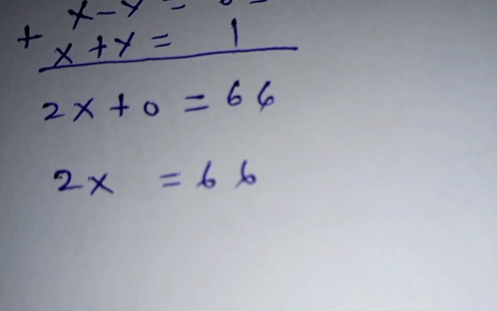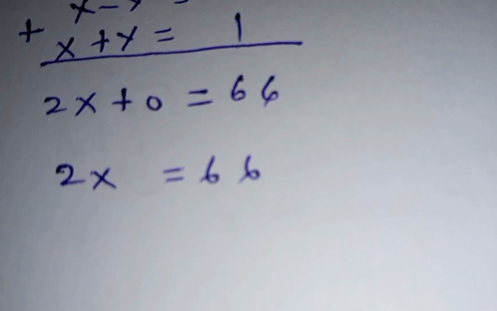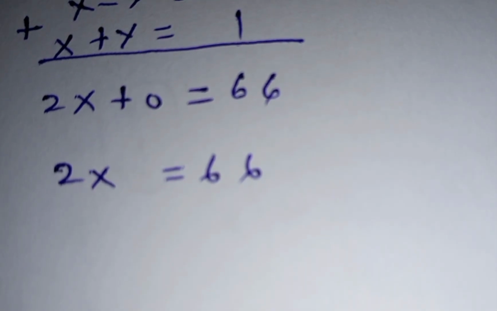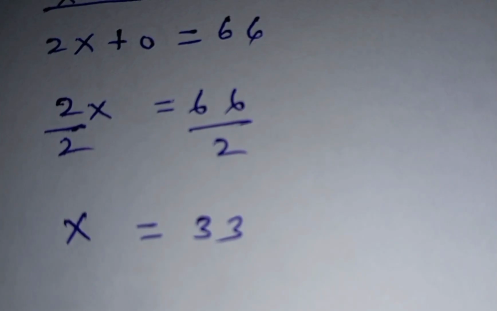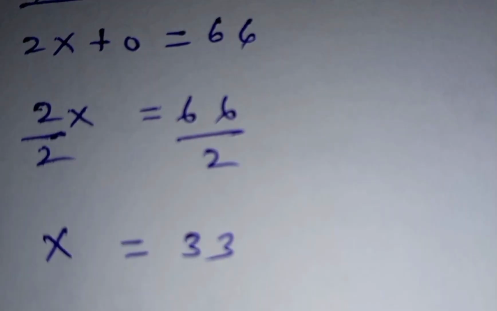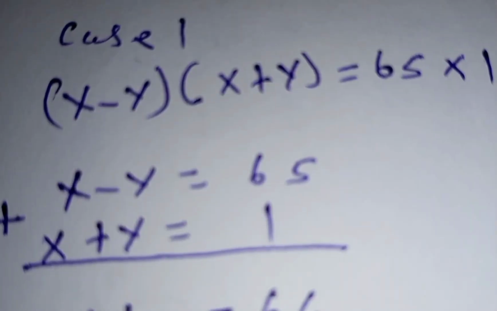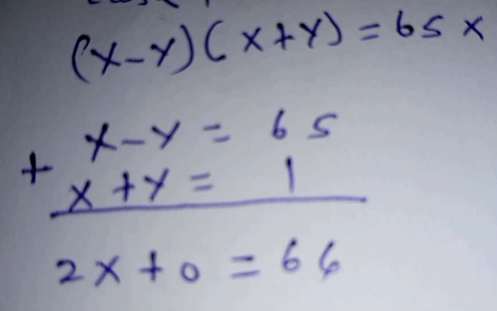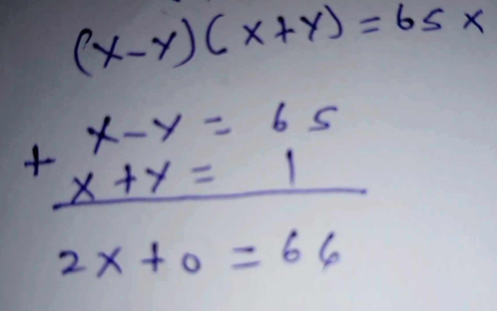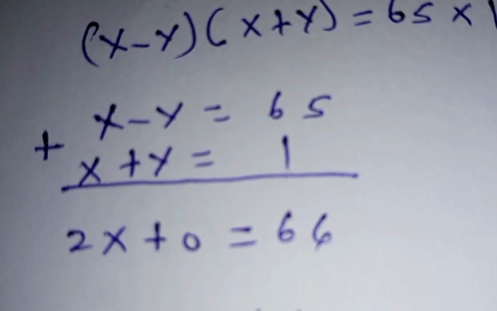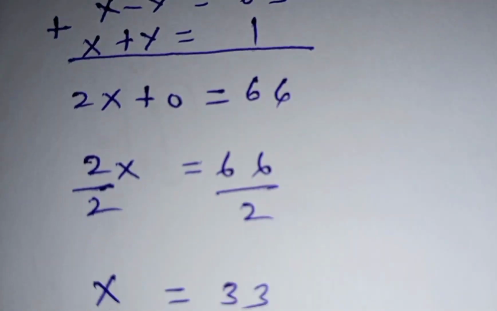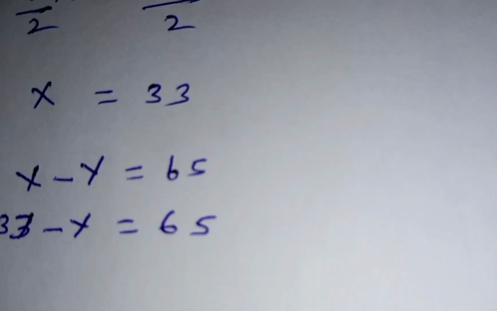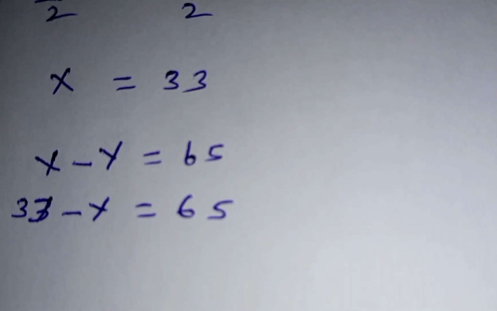Since we're interested in the value of x, we can divide both sides by 2 so that on the left hand side we will be left with x, and on the right hand side we will have 33. So now our value of x is equal to 33. We can use the equation x minus y being equal to 65 and substitute the value of x, which is 33, to obtain the value of y: 33 minus y is equal to 65.